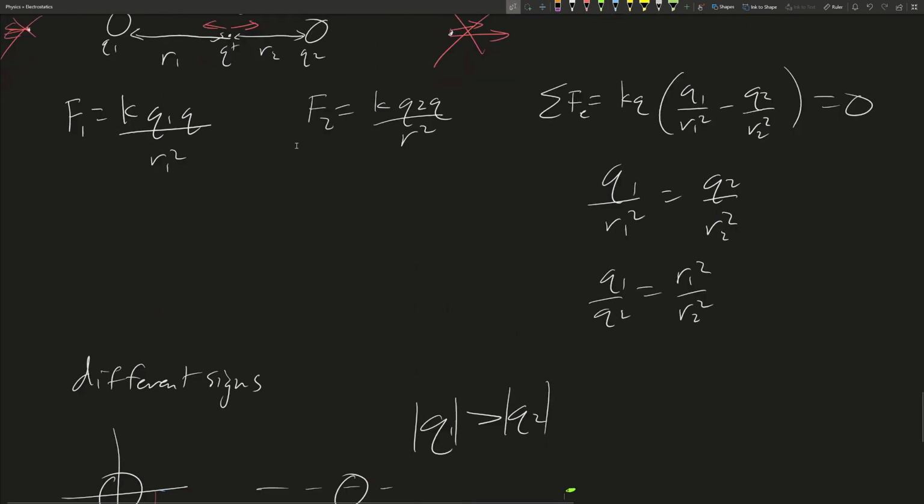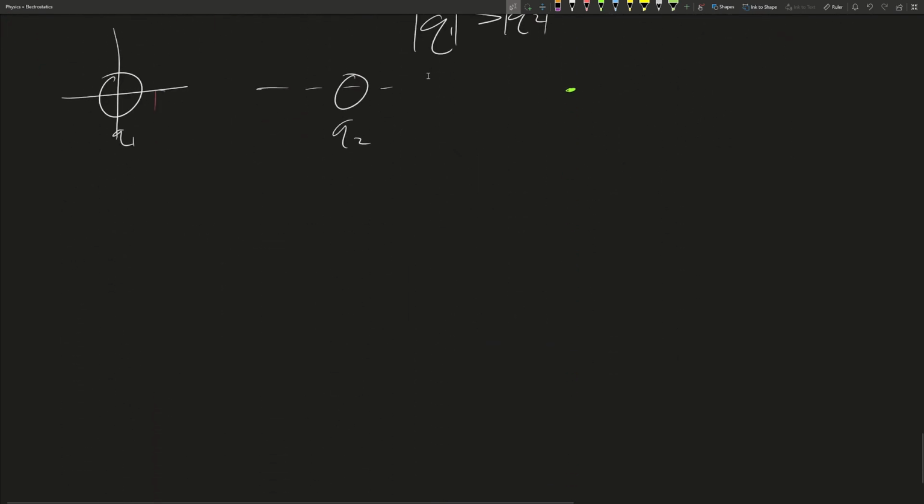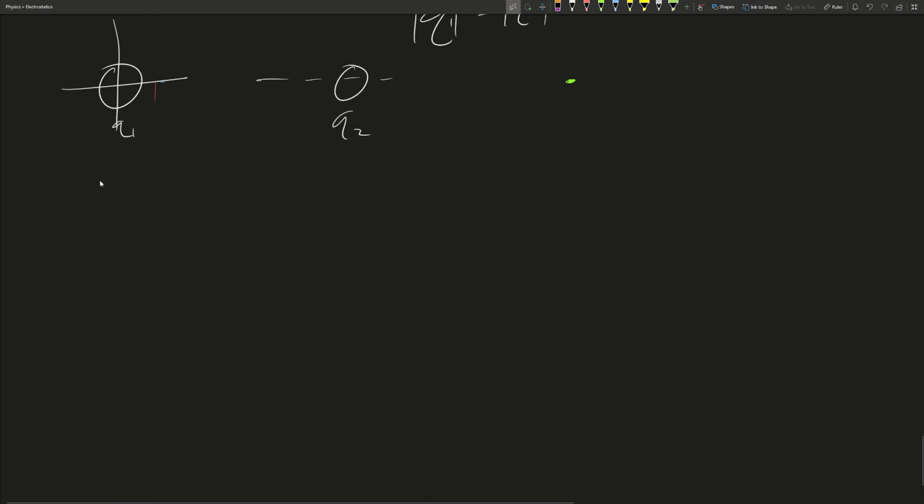Now, if we actually look at it, the equation we can use to describe this is going to be the exact same as up here, because we know that the force from Q1 is equal to K times Q1 over R1 squared, where R1 is just this longer distance instead.